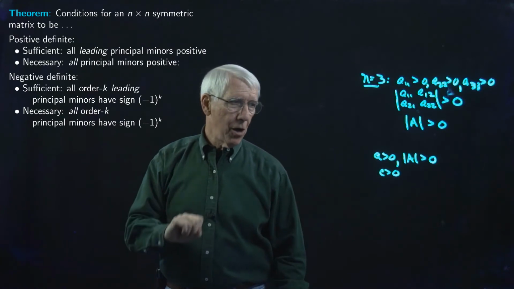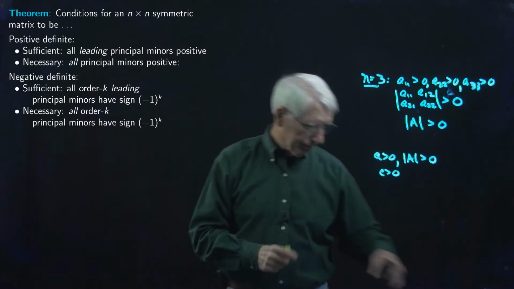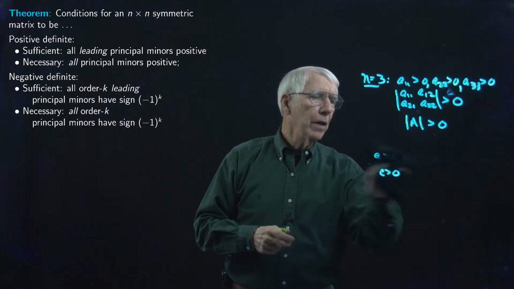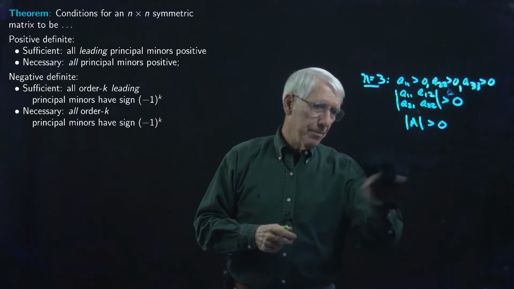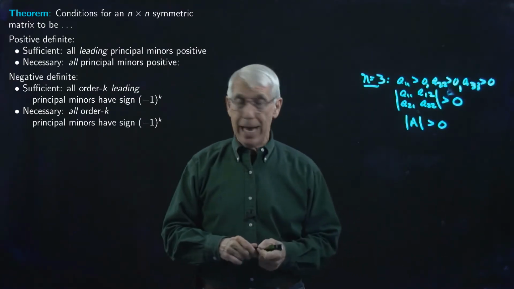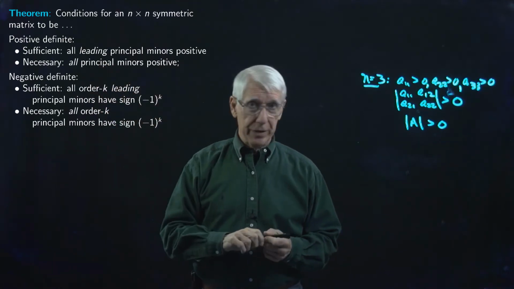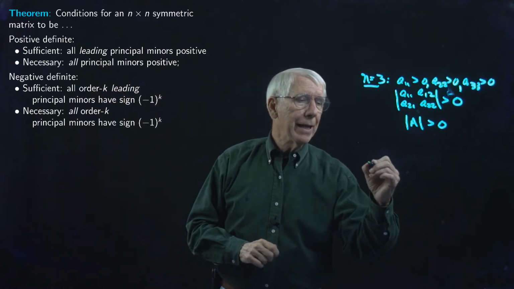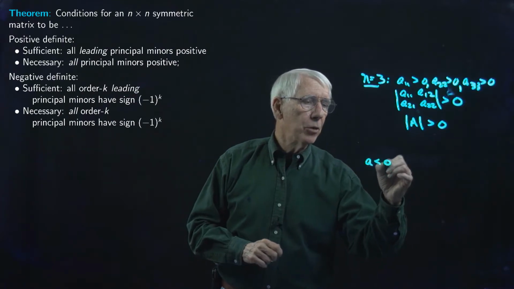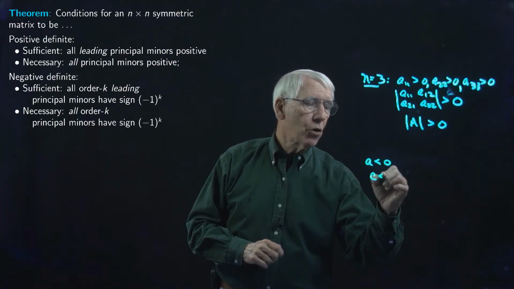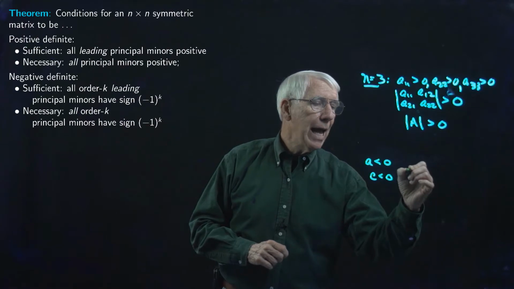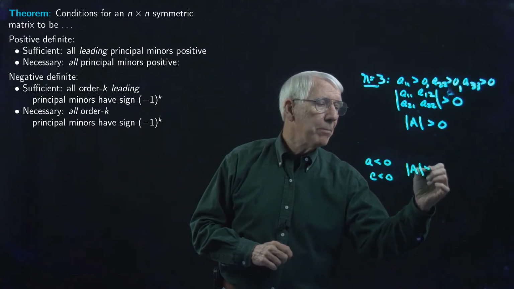So recall in the n equals 2 case, that what we had for a negative definite was that A had to be less than 0, C, of course, had to be less than 0 too, and the determinant of A had to be positive.